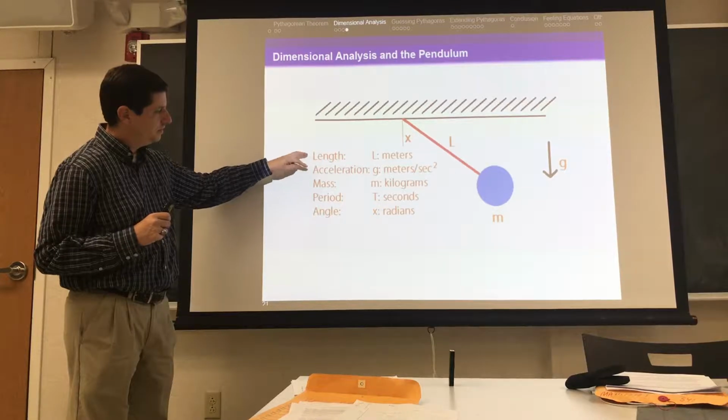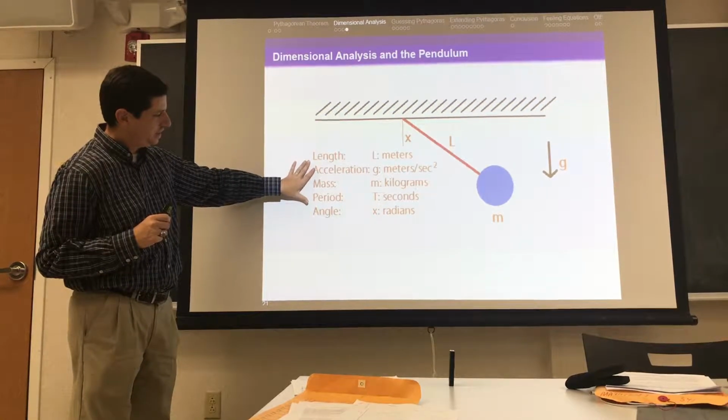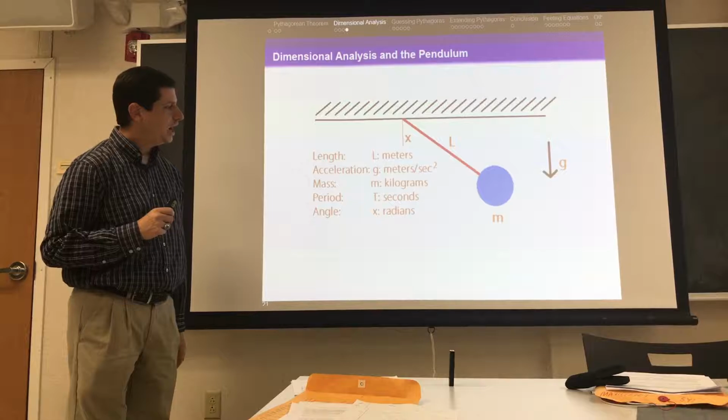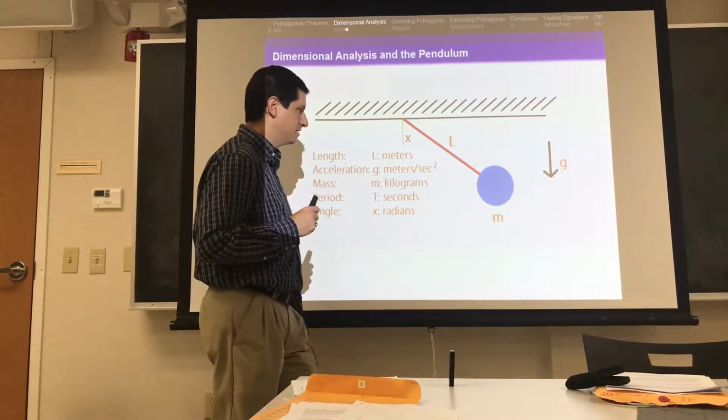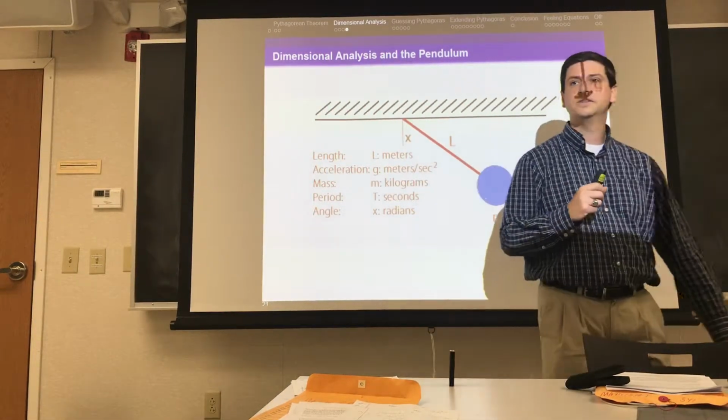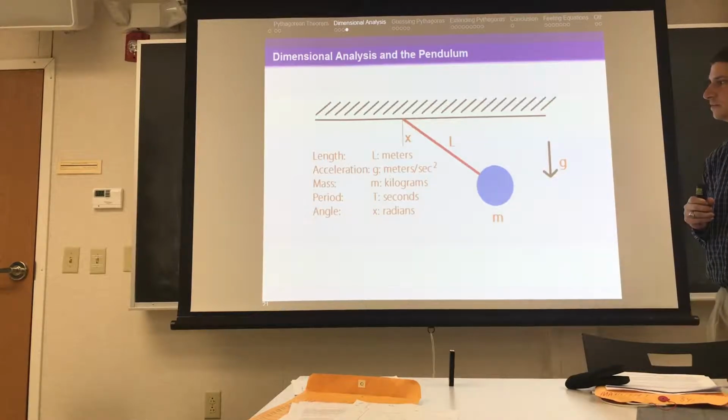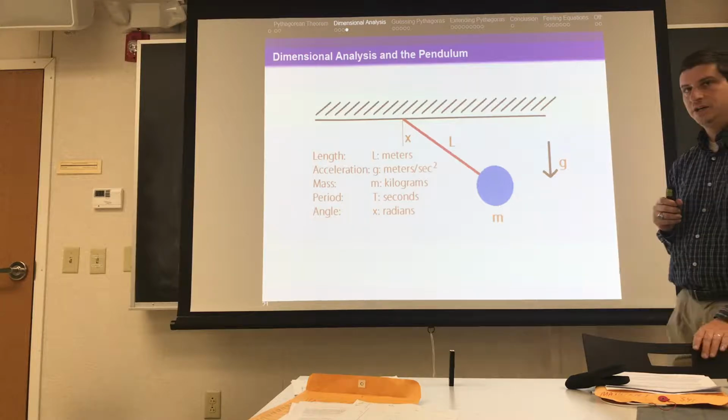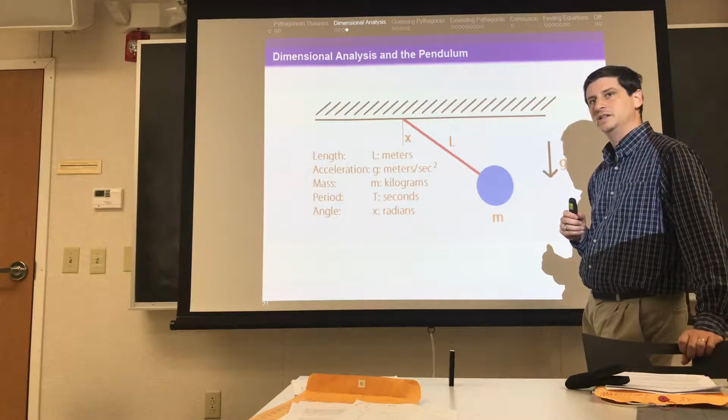Acceleration, length, and angle. So how does the period have to depend on the acceleration and the length? Yes? It has to depend on the inverse square root of acceleration, and anything else?